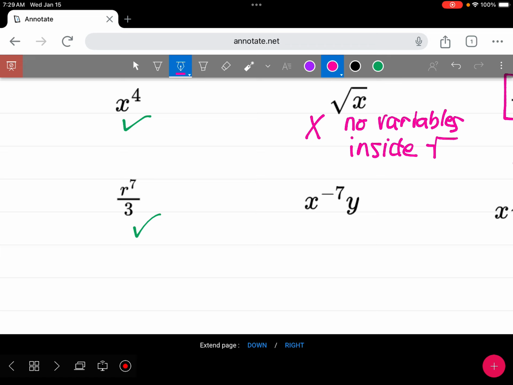So this, if I write it without the negative exponent, would be y over x to the 7th. This negative exponent makes it a fraction. So now I'm dividing by x, so that's bad. Why else is this not going to be a monomial that we're working with here? 2 different letters. So 2 reasons that this is not a monomial.